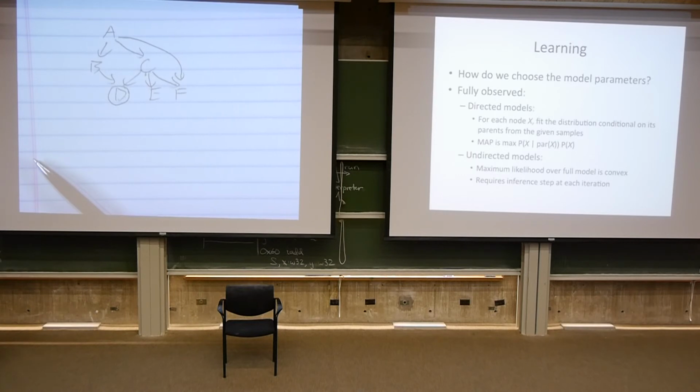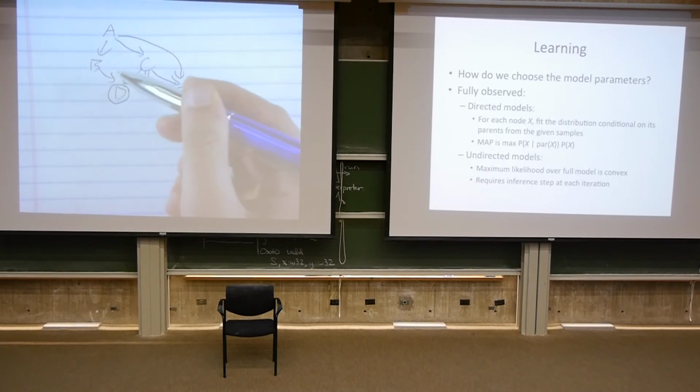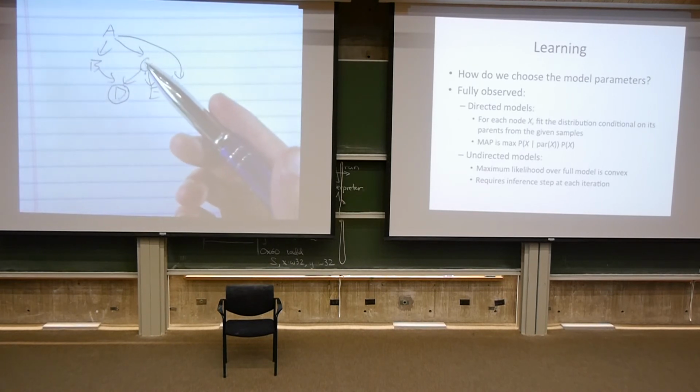Well, first of all, let's assume that you've decided on the structure. You know how your variables are all going to be connected, and you've decided on what family of probability distributions will be for each one. So if they're all binary values, then you could just deal with tables, which is mostly what we talked about in class.